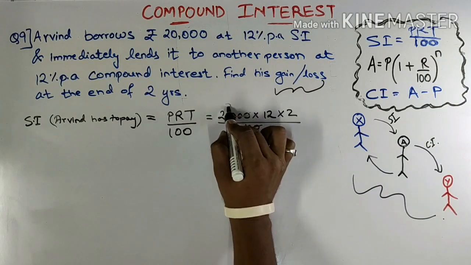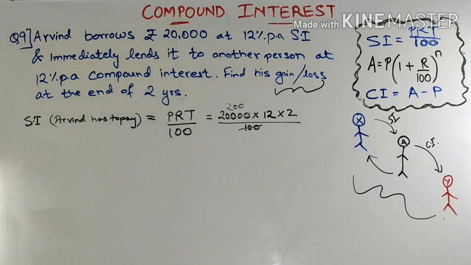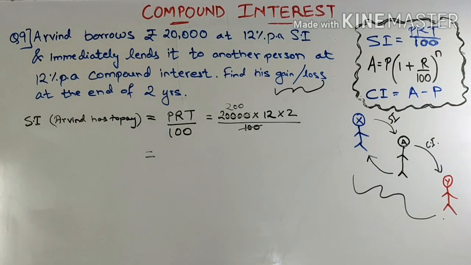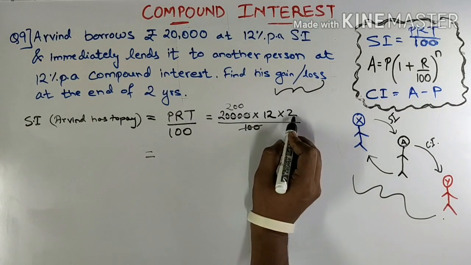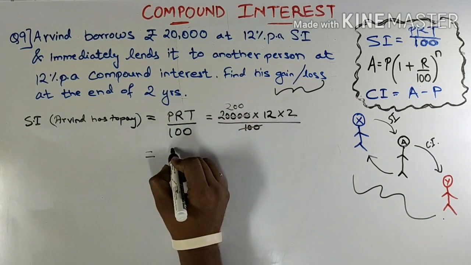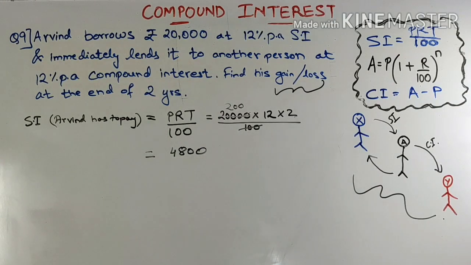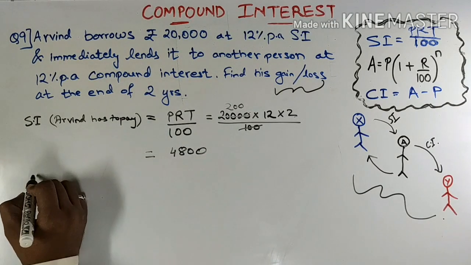So we have 200 here. The simple interest I get over here is 12 times 24, 24 times 2 is 48, 4,800.